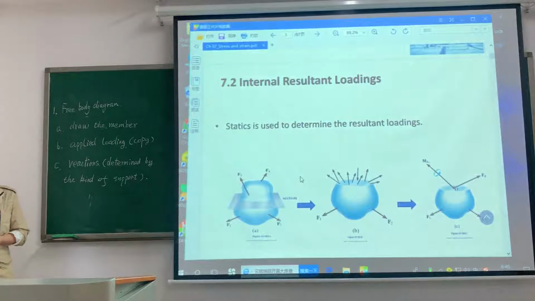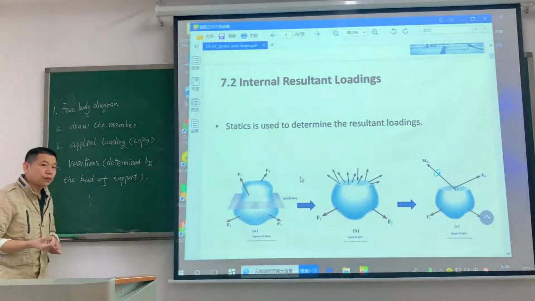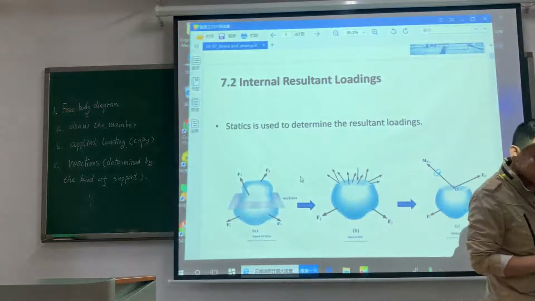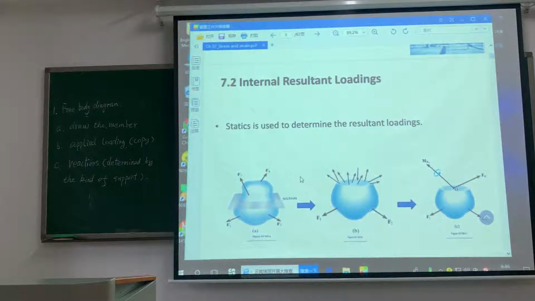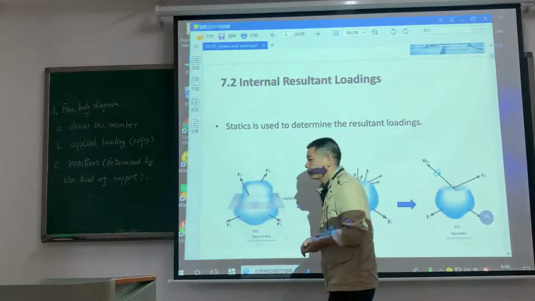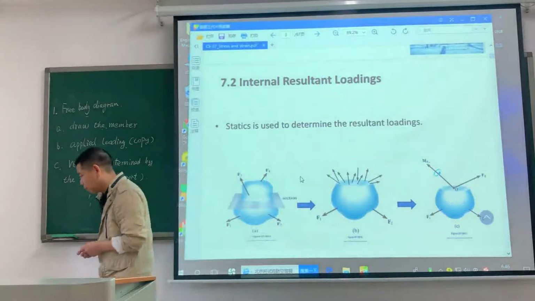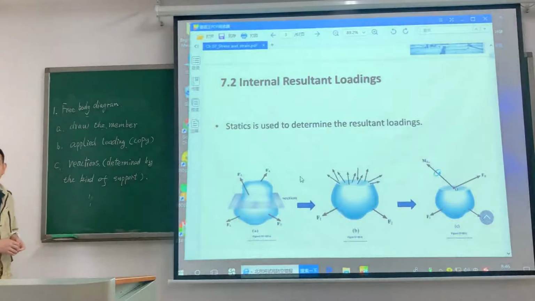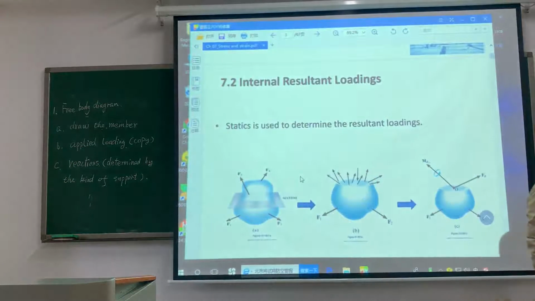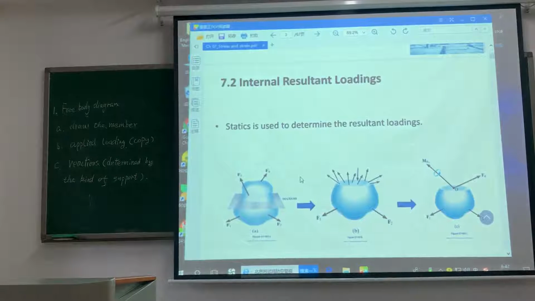If we don't know how to find the forces, I have to introduce it. We are supposed to study it in a whole semester. You were given 14 chapters. For you, it's chapter 1 to chapter 2, and then you started with 7.